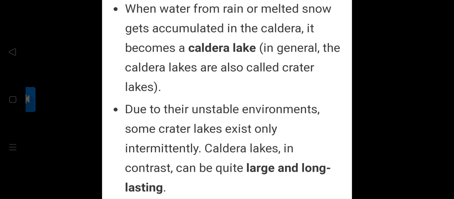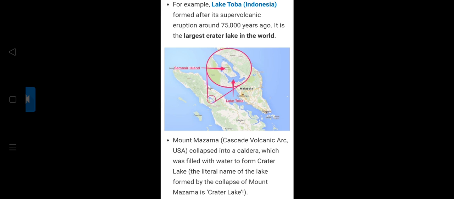Due to their unstable environment, some crater lakes exist only intermittently. Caldera lakes, in contrast, can be quite large and long lasting. So it can be a little beneficial also. For example, Lake Toba in Indonesia was formed after a super volcanic eruption around 75,000 years ago.